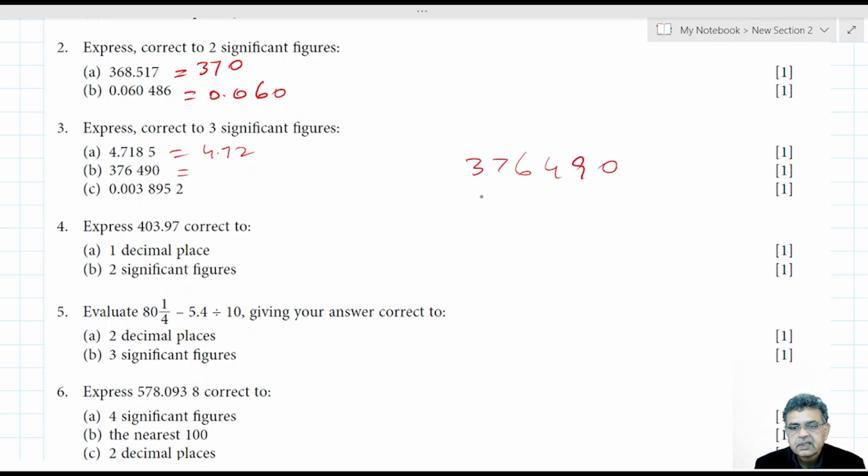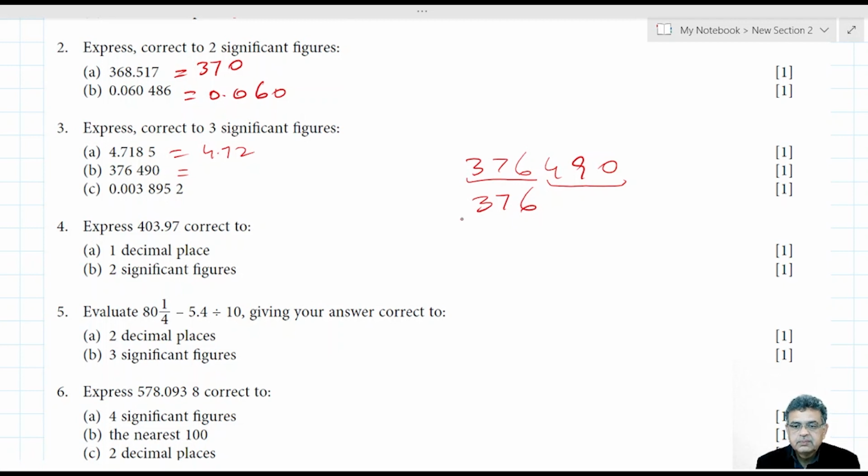Now three significant figures will be 376. But what about these numbers? You can say that this was 1000, 10,000 and 100,000. This was 300,000, 376,490. Now, if we leave this answer like this, then this will be only 376.